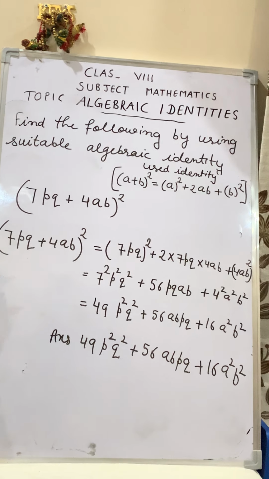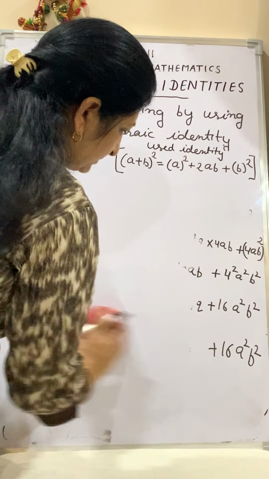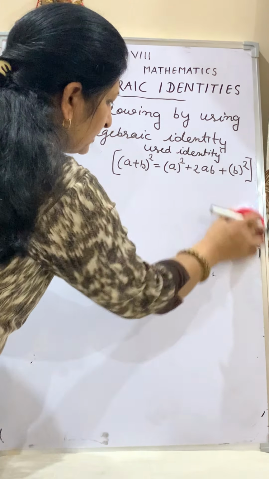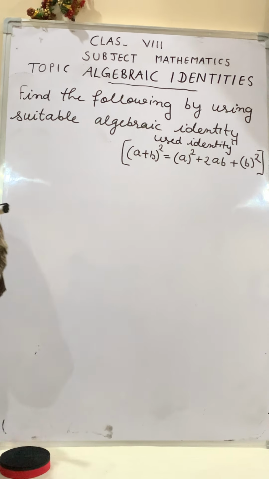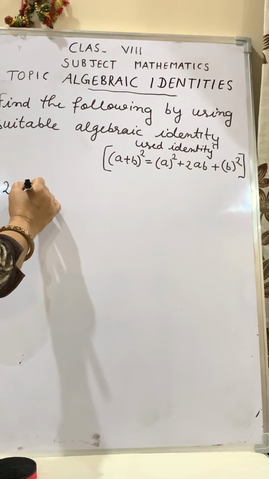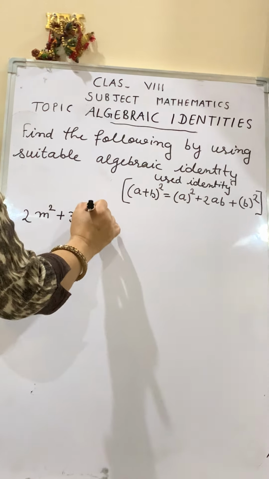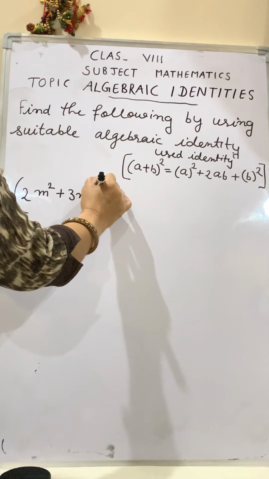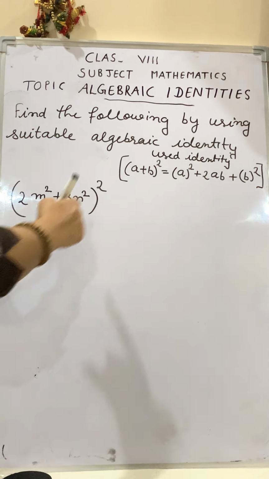Next example: if you have to find out the whole square of 2m raised to power 2 plus 3n raised to power 2, we will apply the same identity. What is a here?